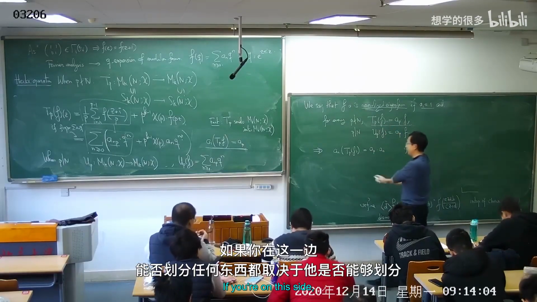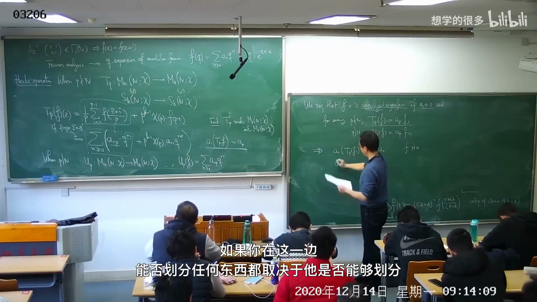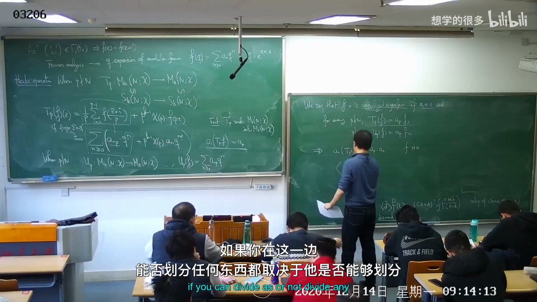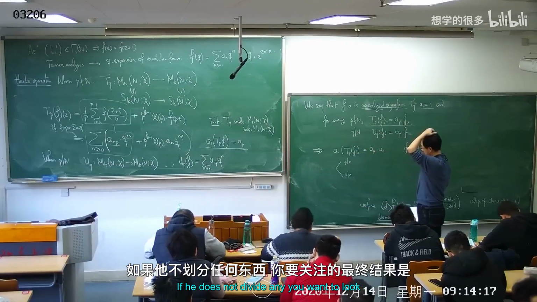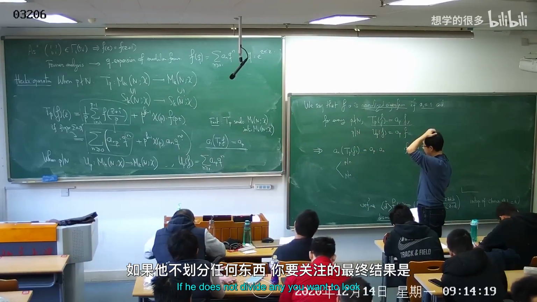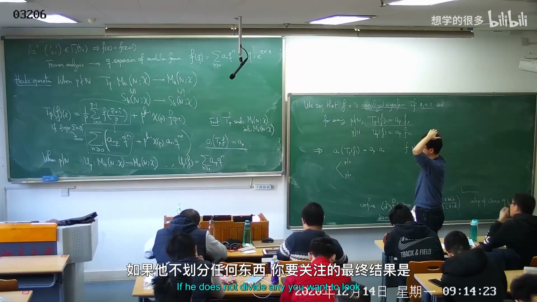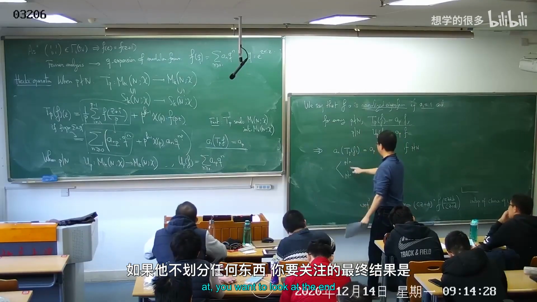And this would imply that on this side you have two possibilities: p divides n or p does not divide n.